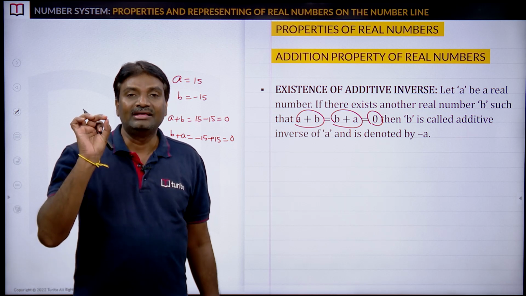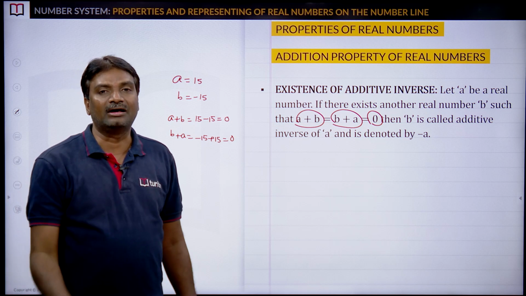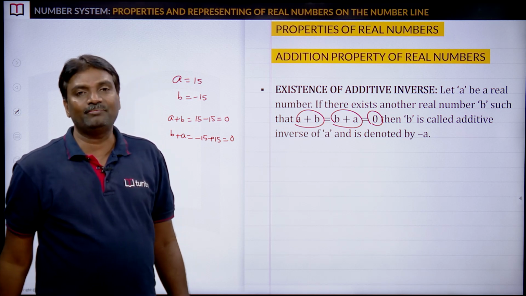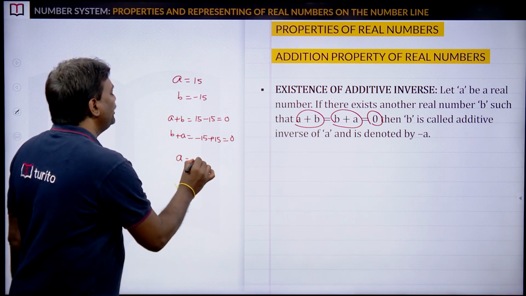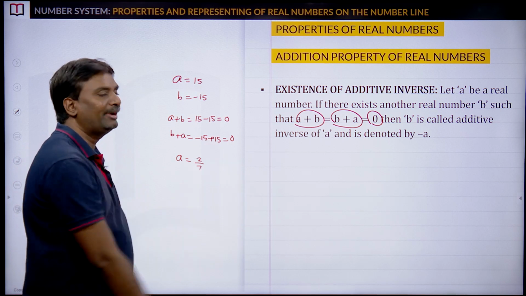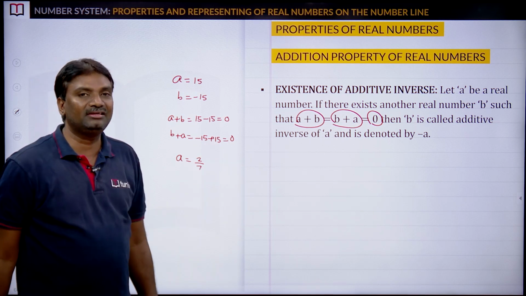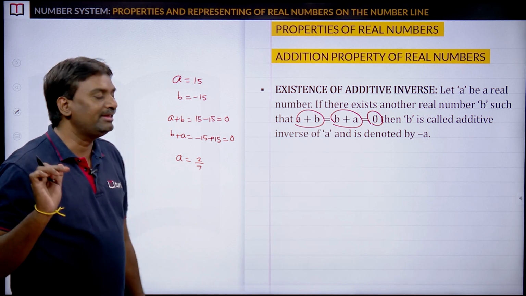Very simple. Just you can change the sign of the given number. If plus is there, take minus. If minus is there, take plus. So what is the additive inverse of a equal to 2 by 7? What is your answer? Very simple.